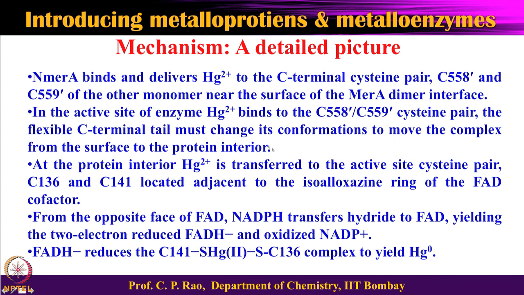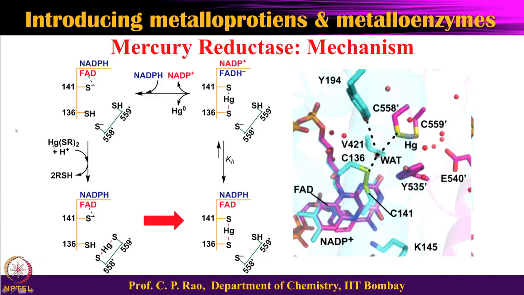So, the enzyme functions quite well. So, you have Mer-A working on the mercury ions directly, Mer-B working on the mercury alkyls, breaking them down to mercury ions, followed by Mer-A activity. Okay, so this is basically the story.